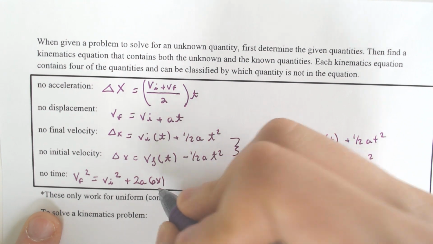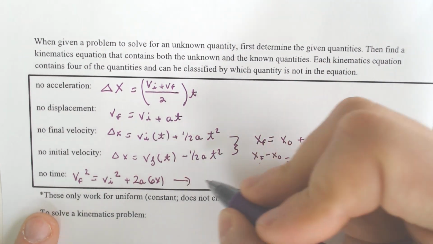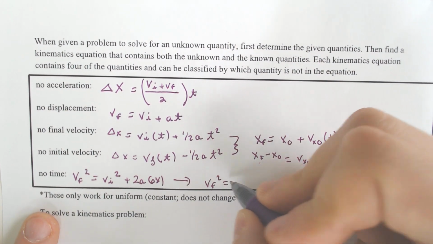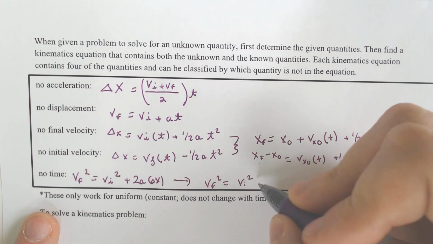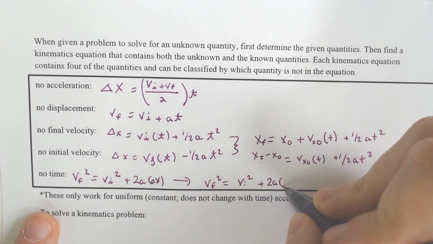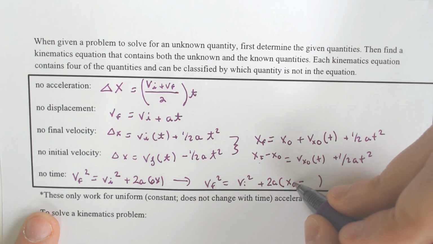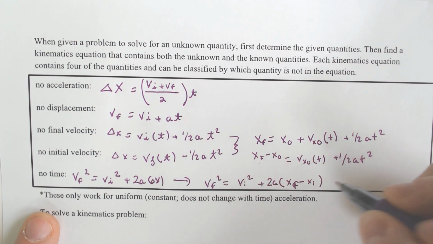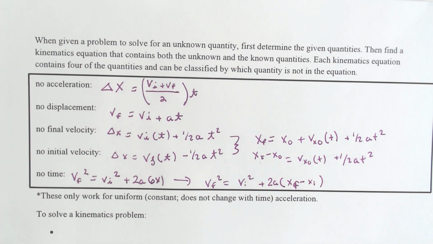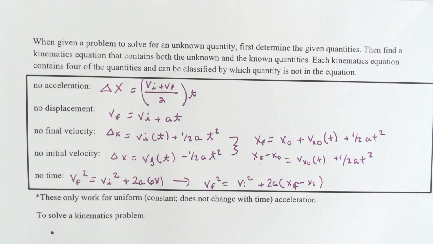You can either write it as delta x, or you could write it as vf squared equals vi squared plus 2a times the quantity of your change in x values, final minus initial.